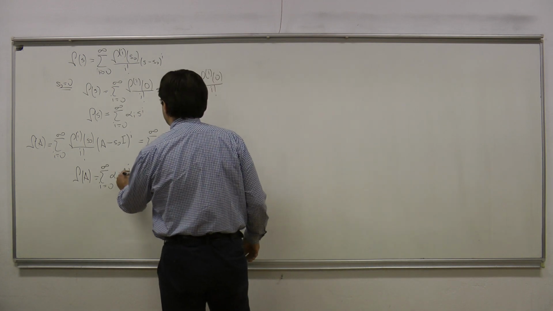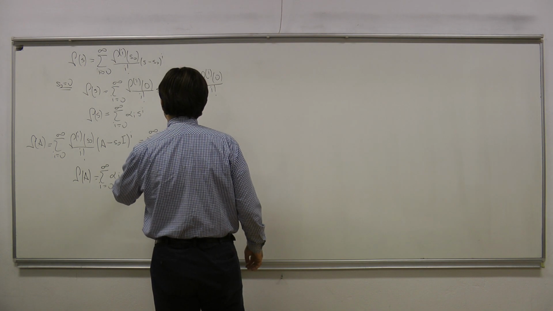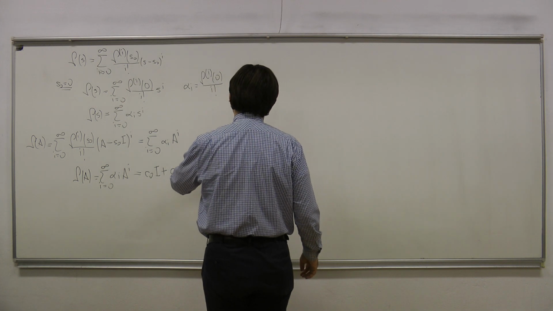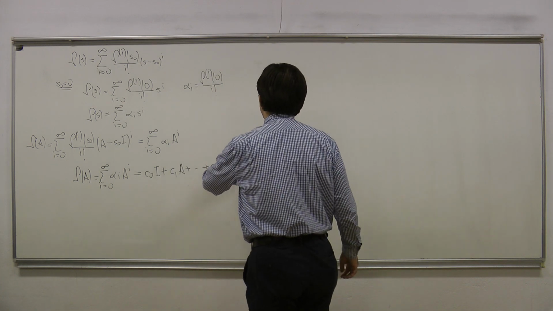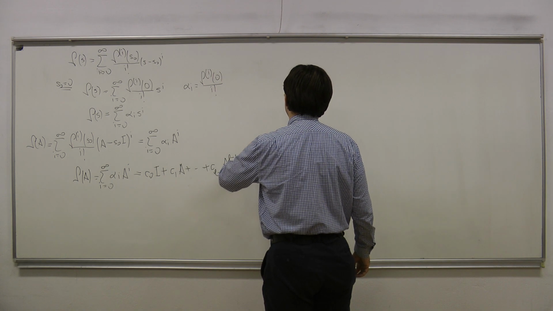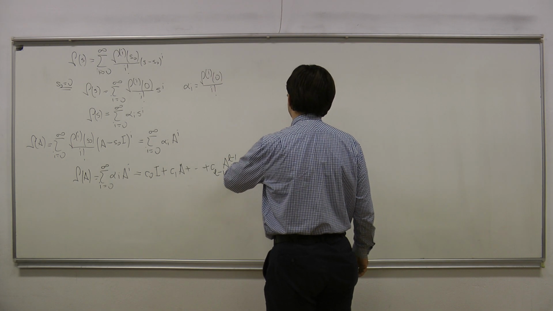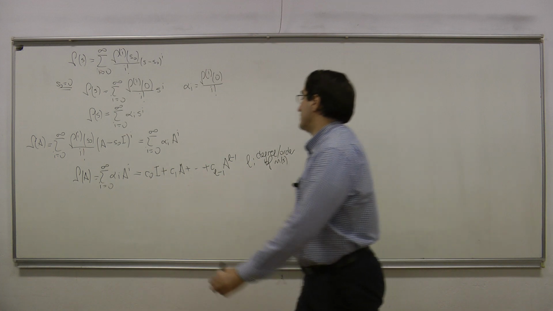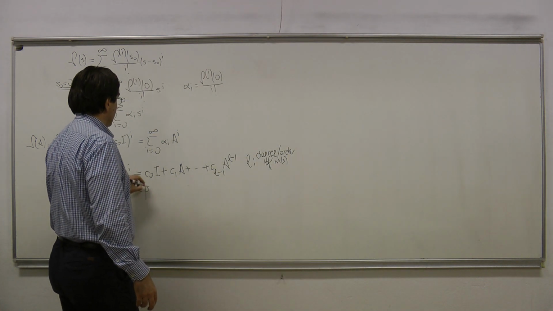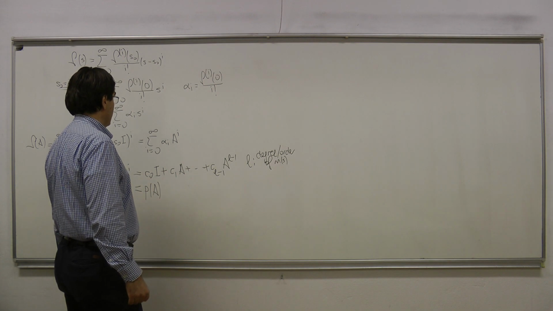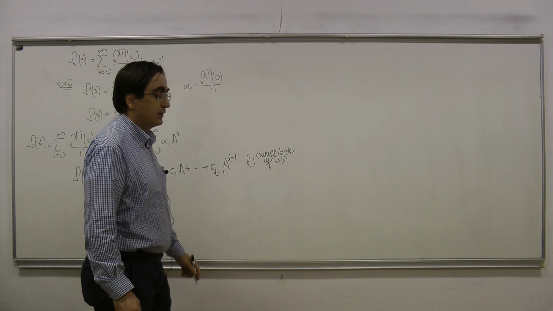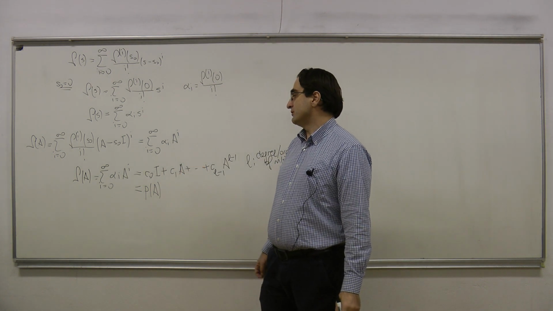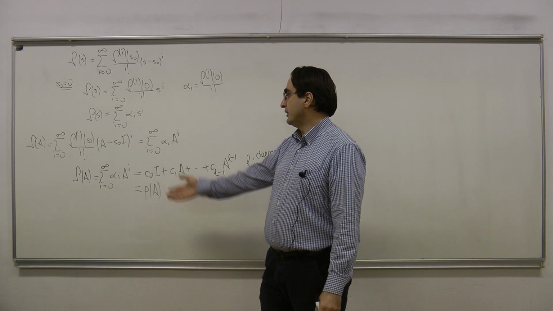In that case, this turned into a polynomial C0 I plus C1 A going until C(L minus 1) A to the L minus 1, where L is the degree of m of s, the minimal polynomial of A. And remember, I have defined this as nothing but p of A. Here p of s is called the interpolating polynomial. So that was the equation that I used in order to find this f of A.